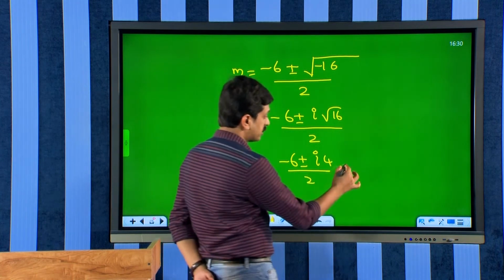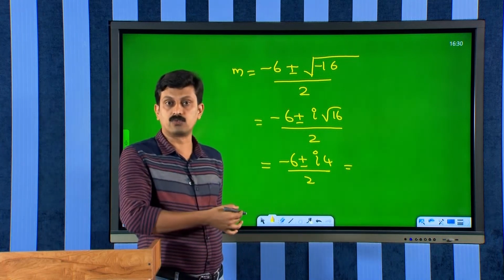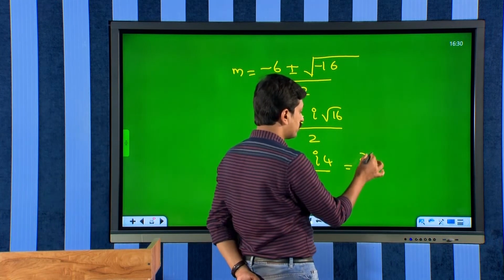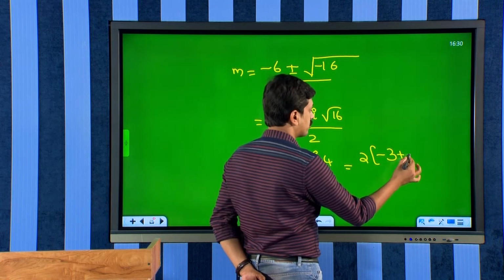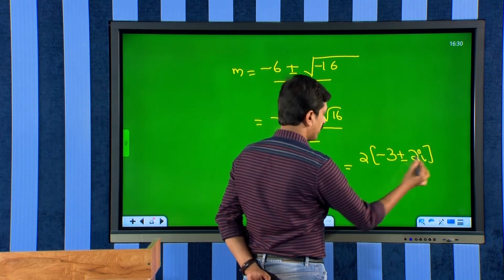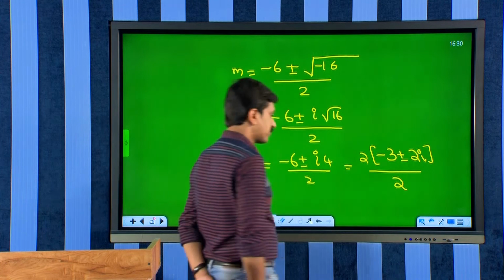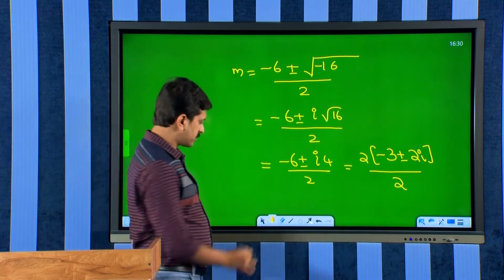We can take a 2 out. So, this is equal to 2 into minus 3 plus or minus 2i, divided by 2. Fine. So, you can cancel 2 and 2.